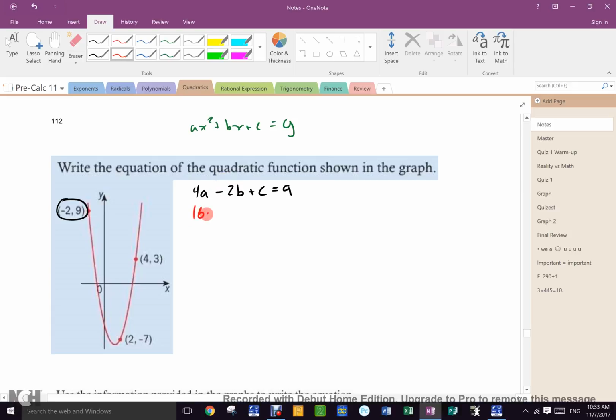We had 16a plus 4b plus c equaled 3. Everyone cool with that? And then I had a third one. What was it? 4a plus 3b plus c equaled what?